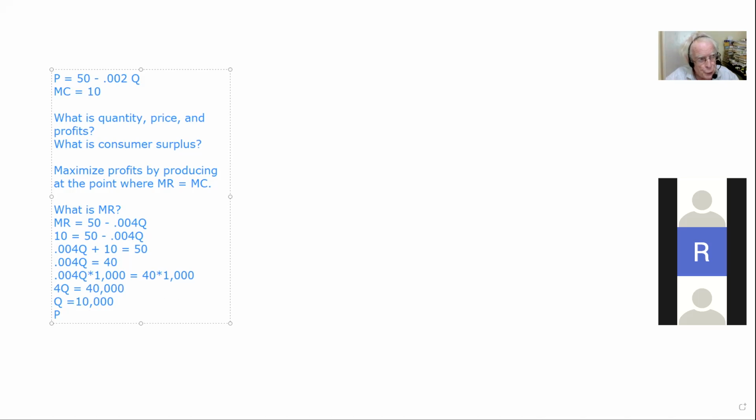So what is price in this case? Using the inverse demand function, it is 30. Good.